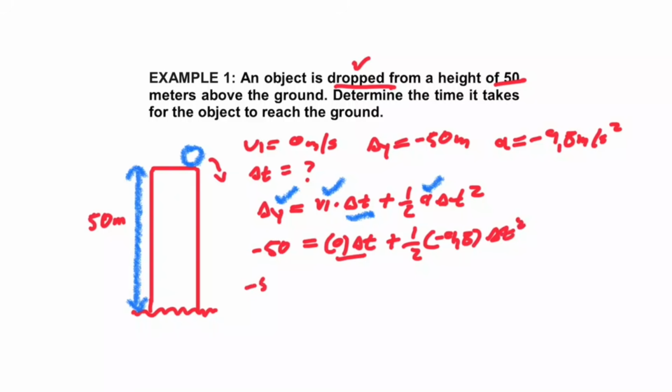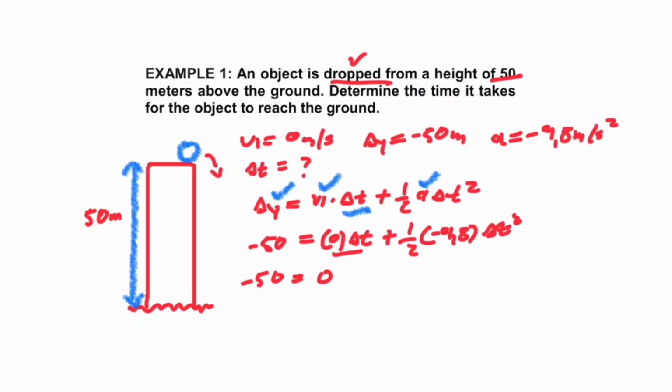We're going to have minus 50 equal to 0 multiplied by delta t. That will give us 0. 1 divided by 2 multiplied by minus 9.8 will give us minus 4.9 delta t squared.